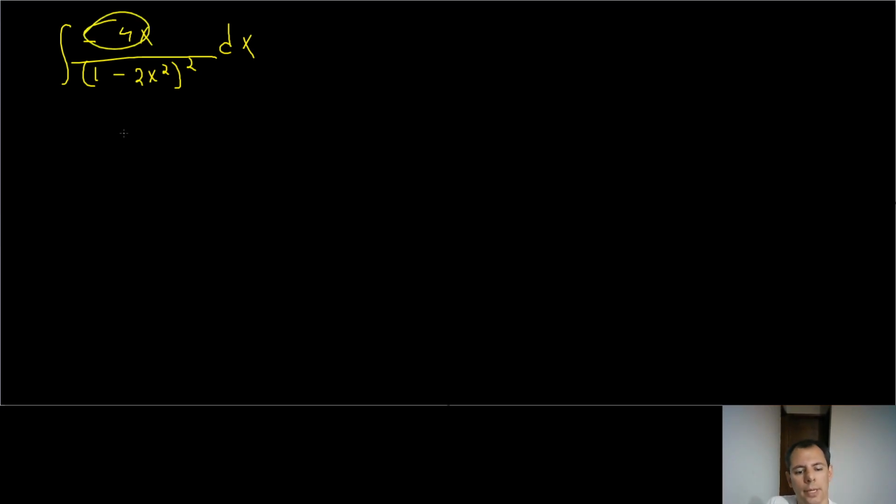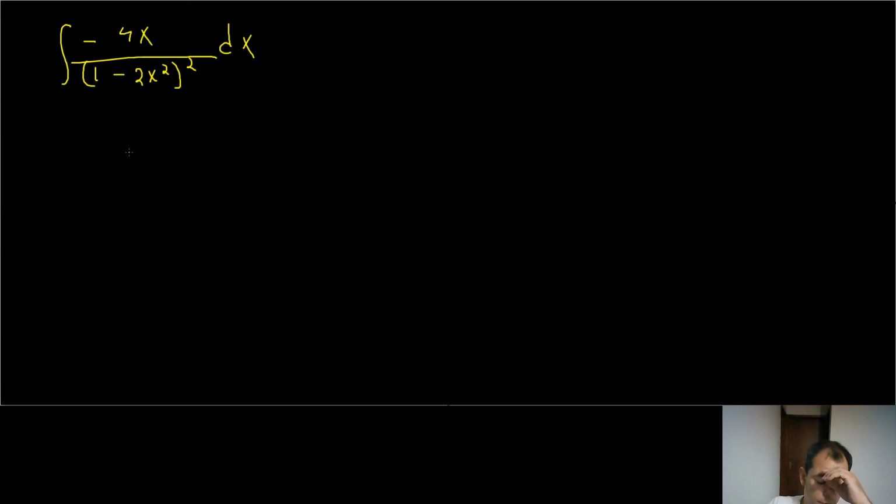I got a minus 4x in here. So, you see, this is going to be, okay, let's just do it. It's this to the minus 2, right? Because it's in the denominator.